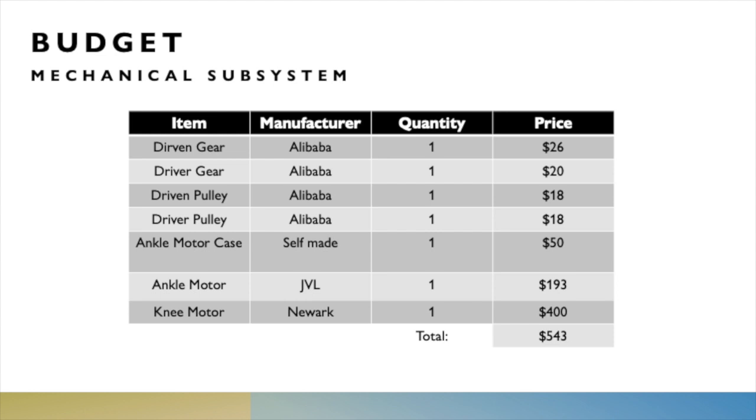The ankle motor case is self-made by the team, and the parts cost roughly $50. The ankle motor by GBL costs $193. A knee motor by Kneework costs $400, with a total of $543 in total investment cost.